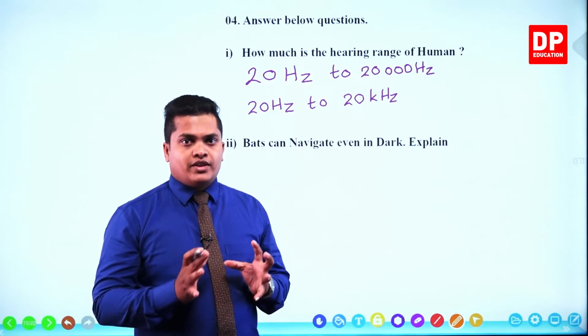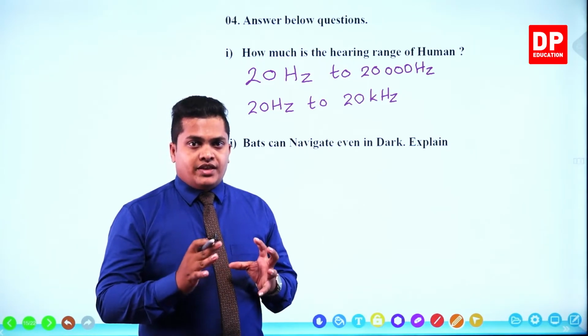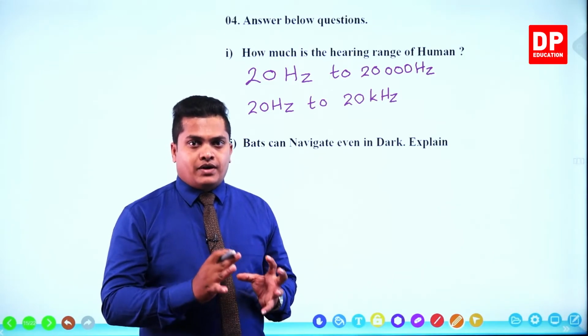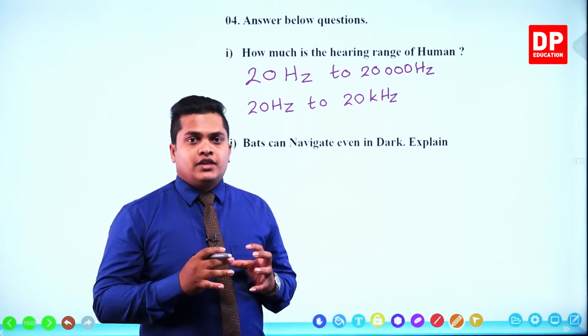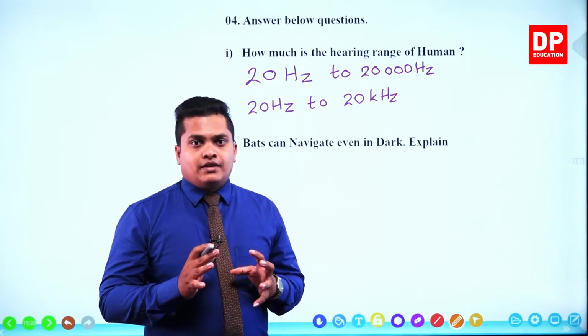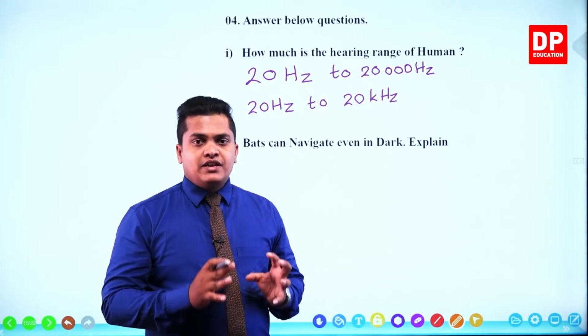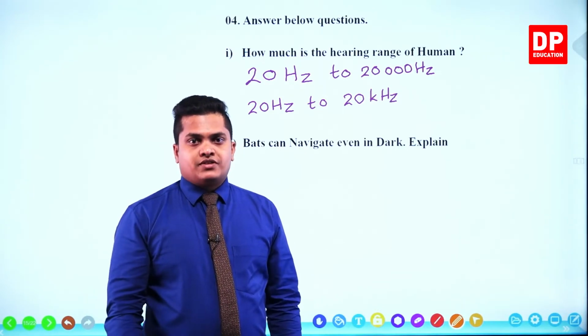To find out their path when they are traveling, they use ultrasound waves. So their vision is enabled mainly by ultrasound waves.